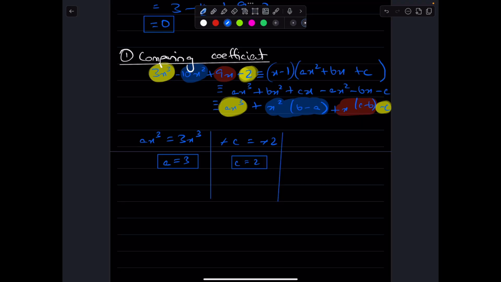And finally we'll find b. So we have x, c minus b is equal to 9x. The x's cancel out and we substitute the value of c.